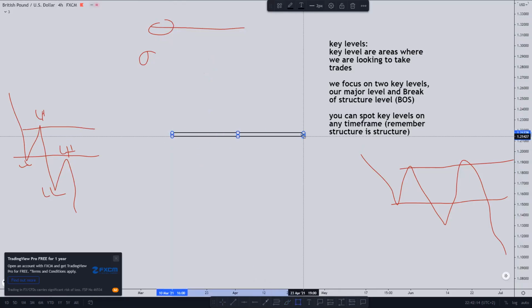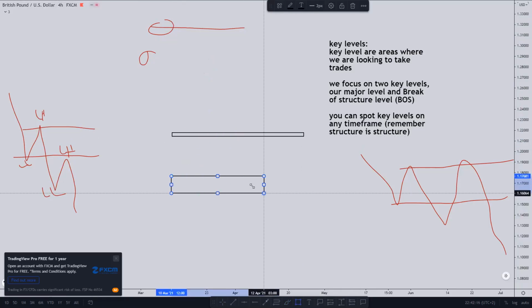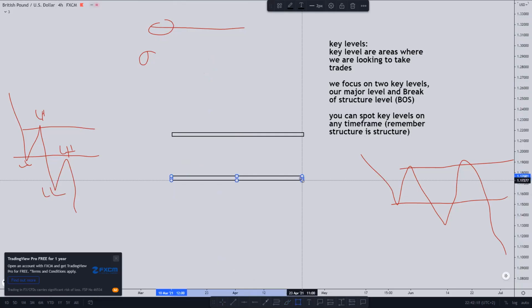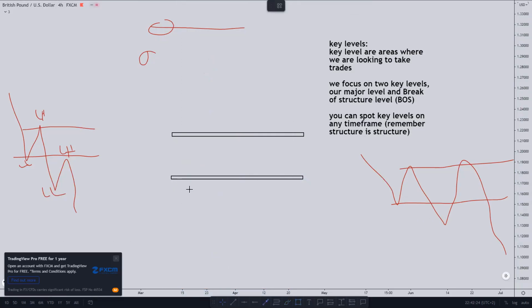Now that I showed you how to identify the key levels, I just want to show you how you can combine everything to use those key levels.